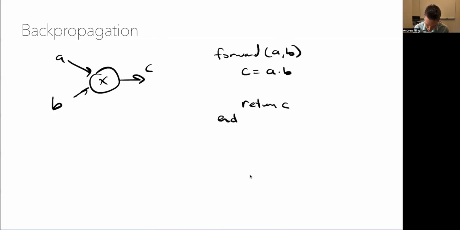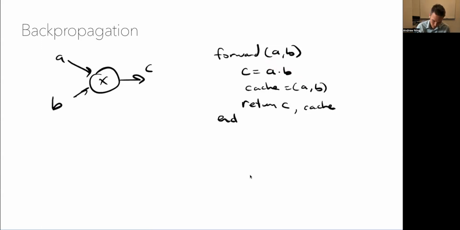And that's my function. I'm also going to return a cache, and I'm going to put A and B in there. That's maybe a little silly in this example because there are no intermediate calculations, but you can imagine that some intermediate things happened here, and I want to save those variables.